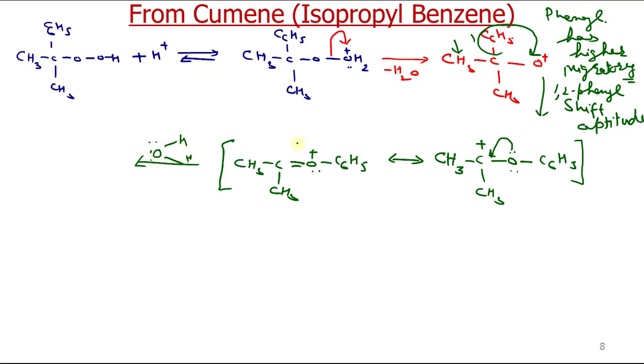So how will this water attack? OH. This is just to show you. It attacks here, it goes here. You can also show the attack of water here, so it is up to you. Now this goes here, this goes here. So let us see what is formed. You get CH3, C. So this is the product after this addition of water.